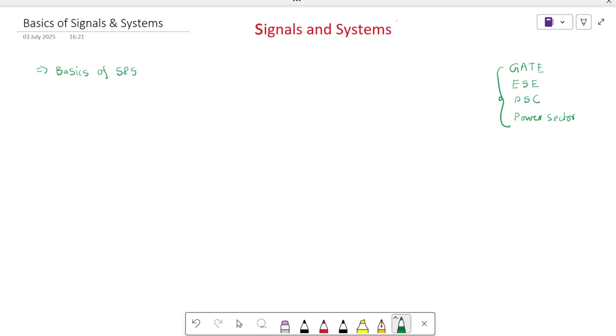In this chapter, we will discuss the definition of signals and signal representation, how to represent signals, how many ways we can represent a signal, and types of signals, like impulse signal, unit step and ramp signal. There are so many signals. And also we will discuss periodic and aperiodic signals and their characteristics.